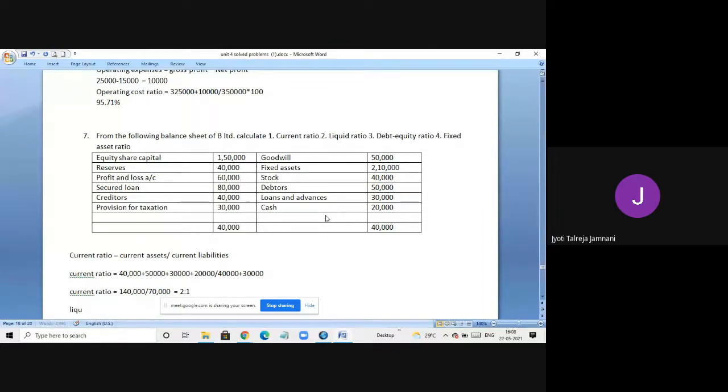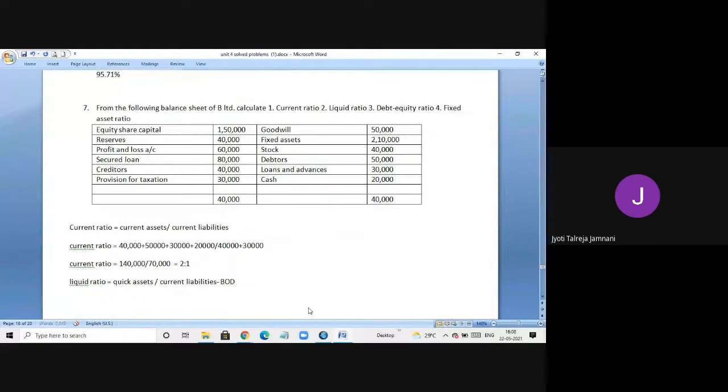Next, they have asked to do the liquid ratio. Liquid ratio is equal to quick assets or liquid assets divided by current liabilities minus bank overdraft if there is any.